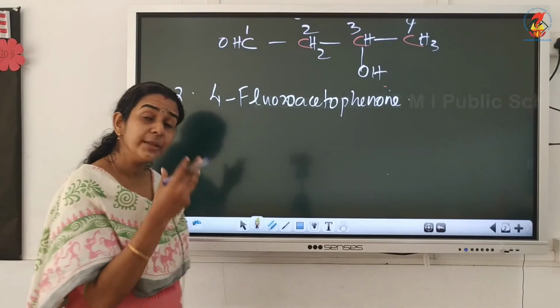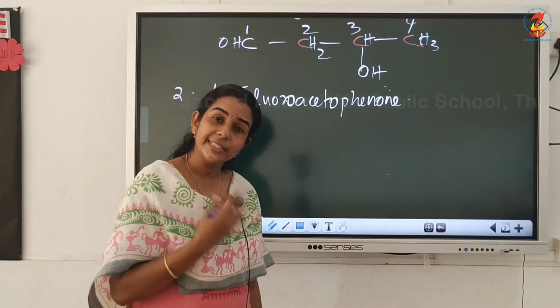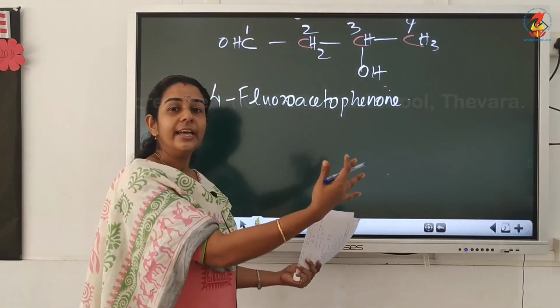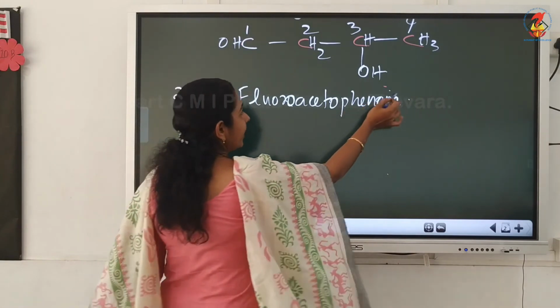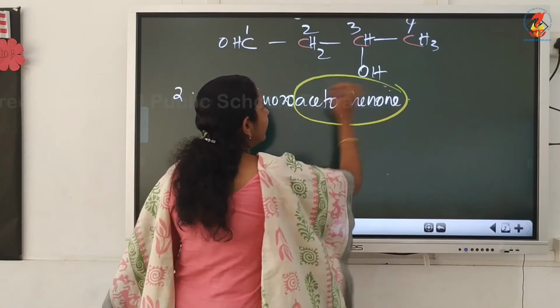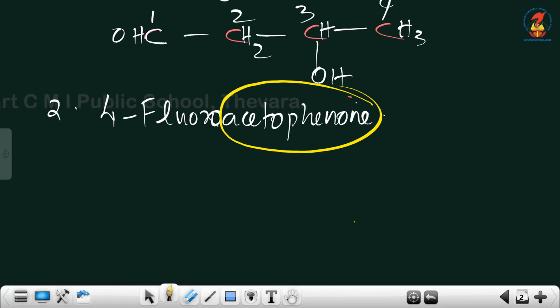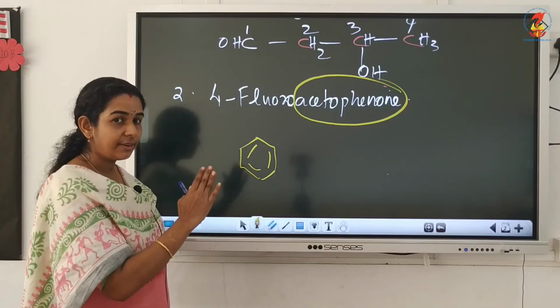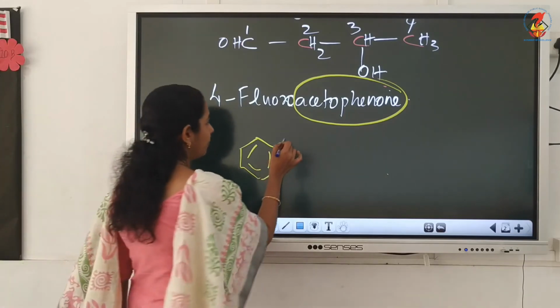How can we identify the parent of a compound? See the end of the name. So here, what is the end of the name? It is acetophenone. So who is the parent here? Acetophenone. So first write the structure of acetophenone. What is the structure? On one side of the CO group it is a benzene ring and on the other side is a CH3 group.